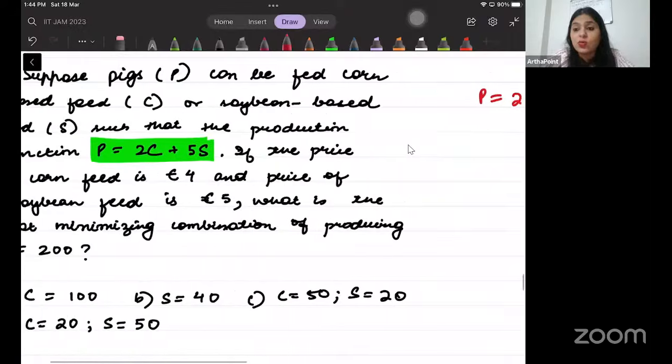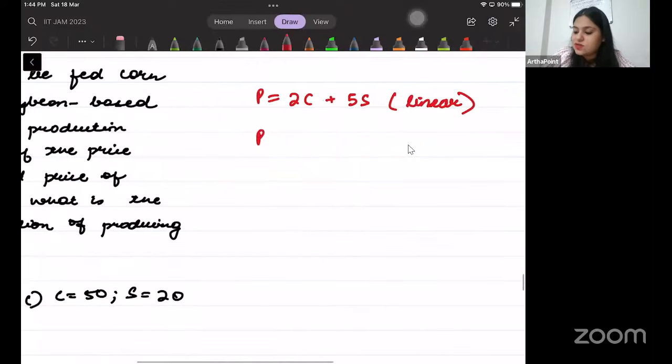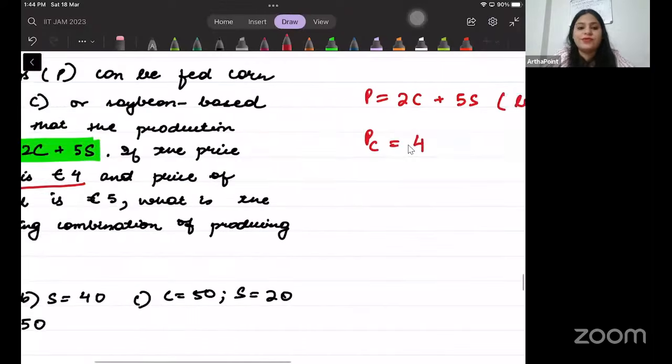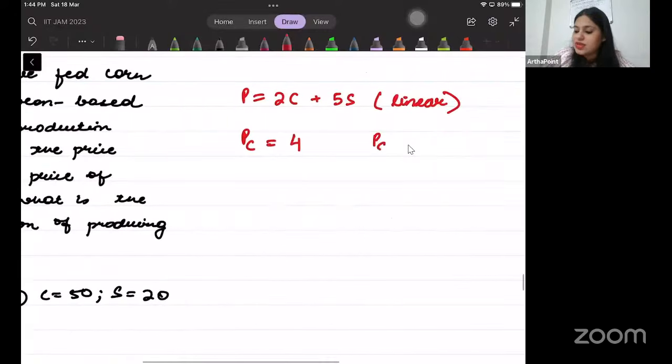So we know that a kind of substitute good is coming into the picture. The price of corn feed is 4, and the price of soybean feed is 5. So PS is 5. We can find MRTS.